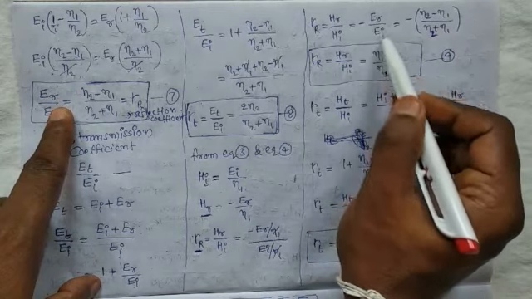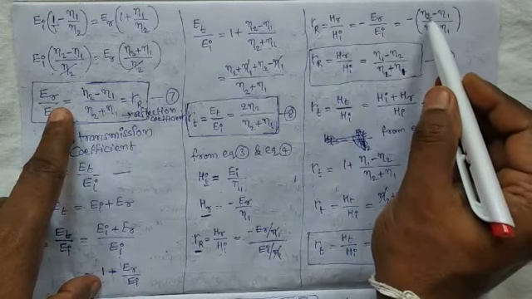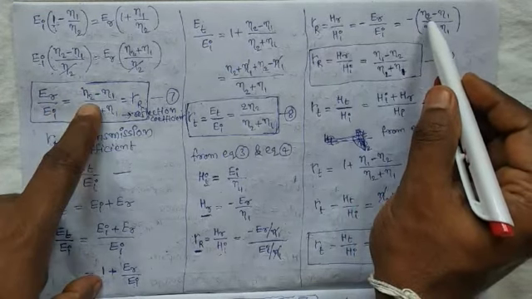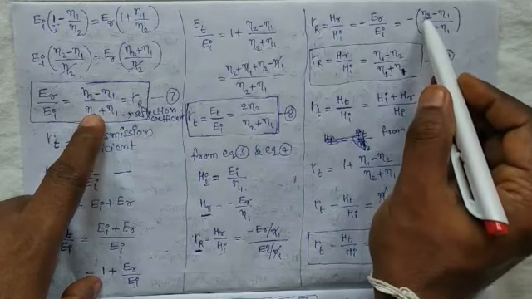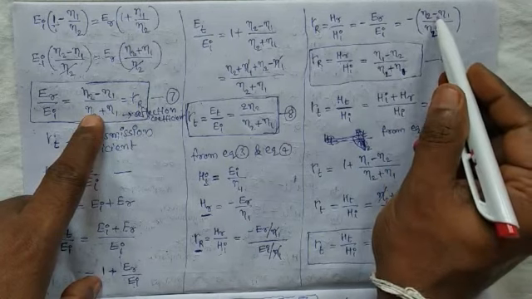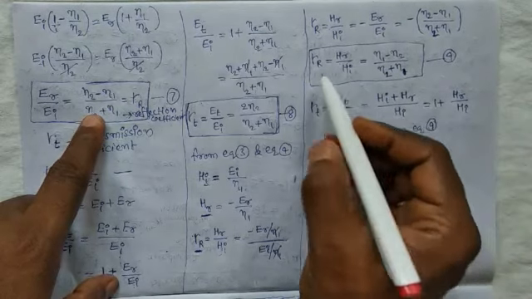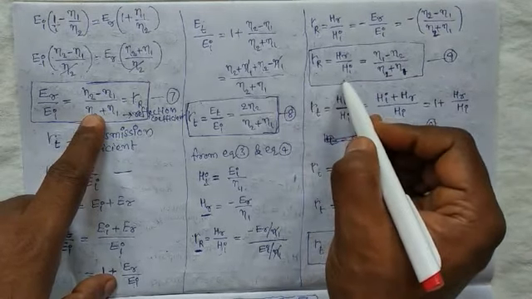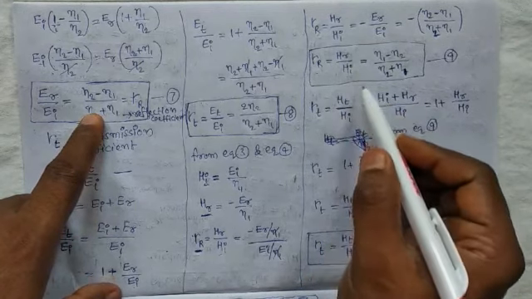Minus of ER by EI is equal to (eta 2 minus eta 1) by (eta 2 plus eta 1), multiplying the numerator with the minus sign: (eta 1 minus eta 2) by (eta 2 plus eta 1). This is the reflection coefficient in terms of the magnetic wave.